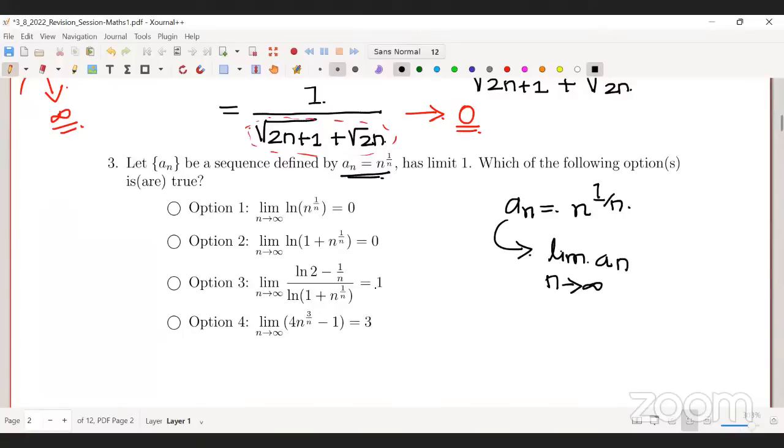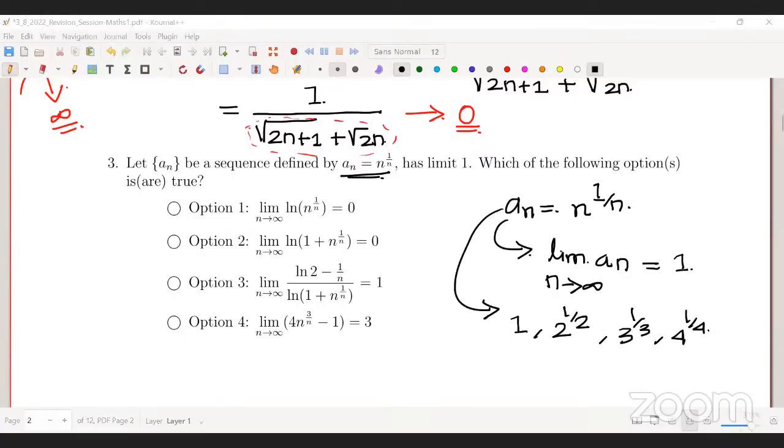As you can see, the first term of the sequence is 1, the second term is 2 power 1 by 2, the third term is 3 power 1 by 3, and the fourth term is 4 power 1 by 4. So somehow you know that the limit of the sequence is 1. This is what you know.